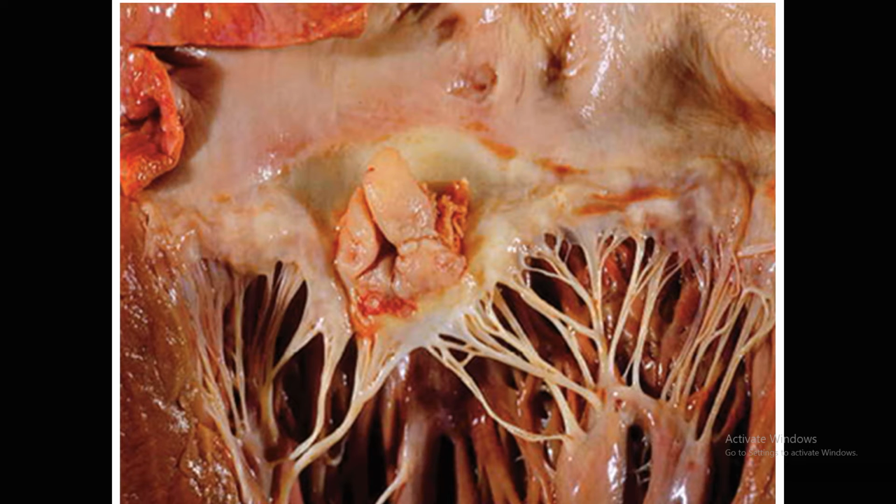The long-term bacteremia, the persistent bacteremia, will cause stimulation of the immune system. Both the humoral and cell-mediated immune responses will be activated. Thus, the formation of immune complexes will be followed by immune complex deposition.